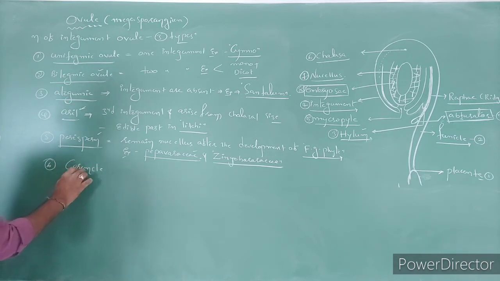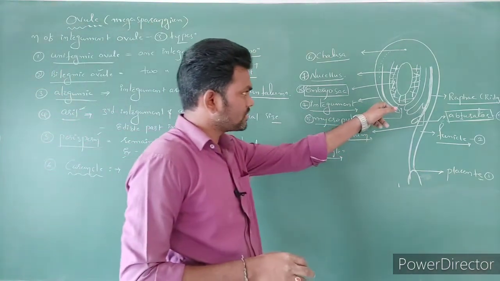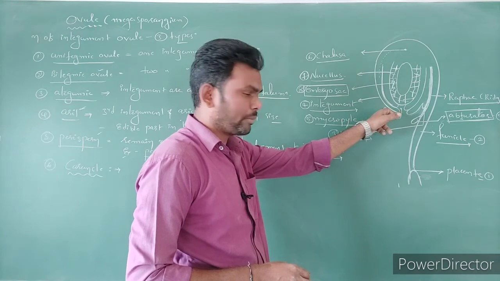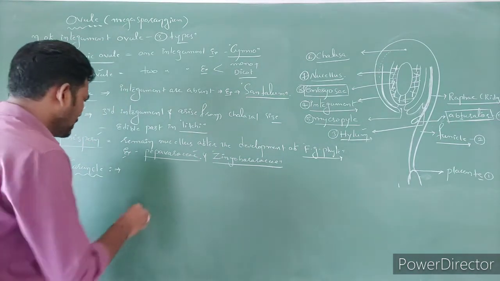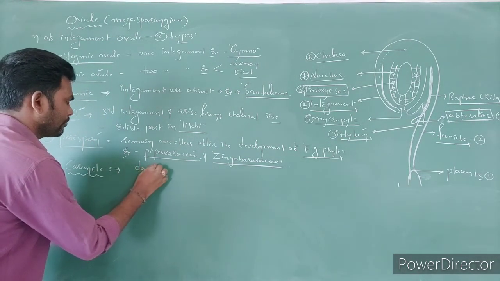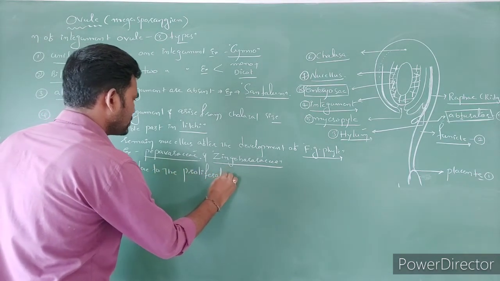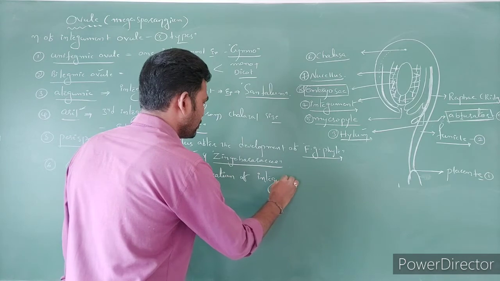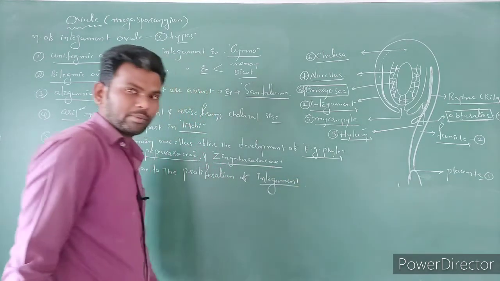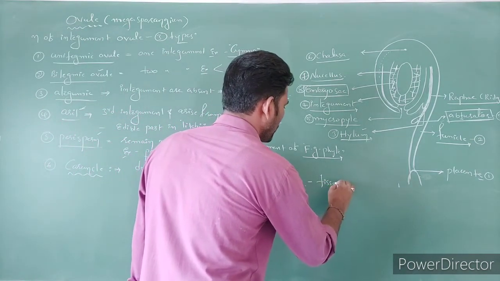And one more point is here, caruncle. C-A-R-U-N-C-L-E. So caruncle here actually comes from the integuments. Sometimes, due to the proliferation of integuments, a mass of tissue is formed.